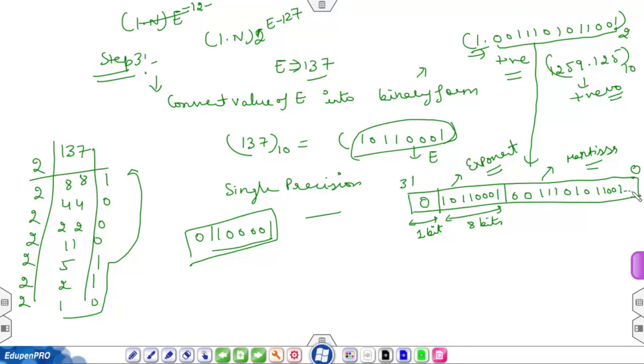It is not 23 bits, so you can fill the rest with 0s. This is basically your mantissa. So this is your single precision floating point number. Finally, your given decimal number will be converted into this form. This is the floating point conversion, that is single precision.